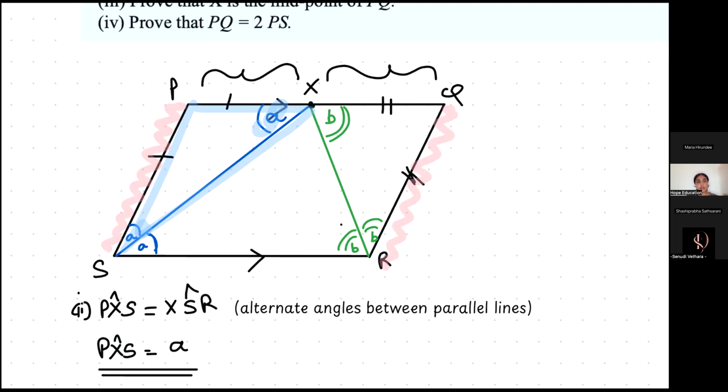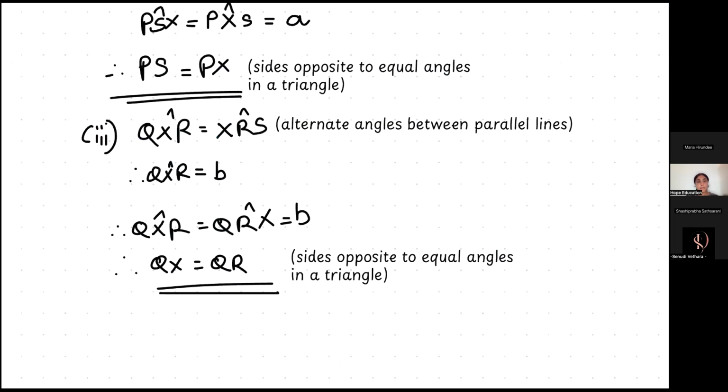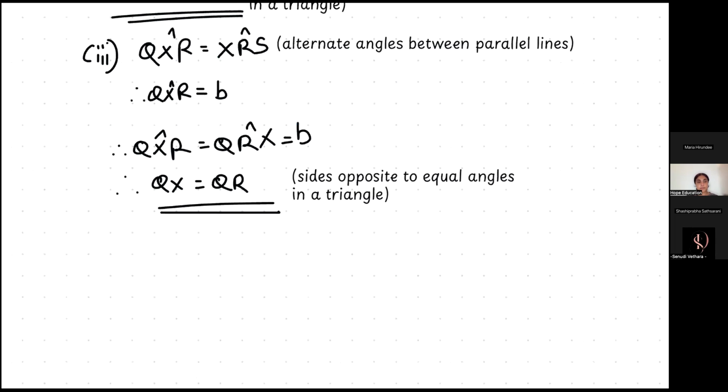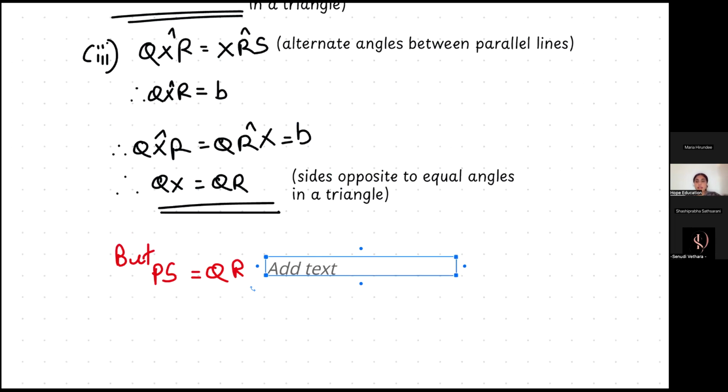So we'll write, PS equals QR. Opposite sides of a parallelogram, right?